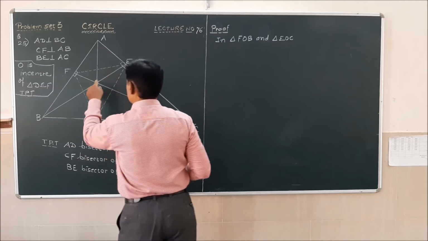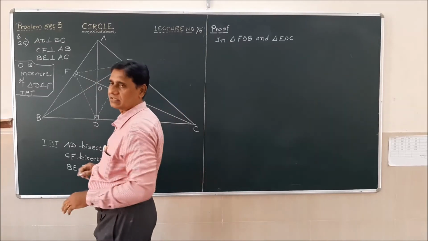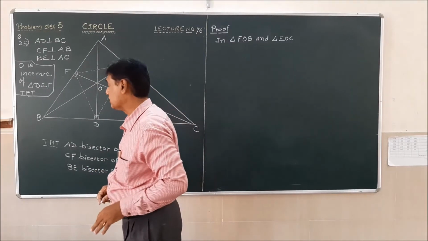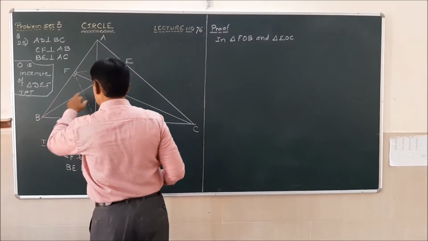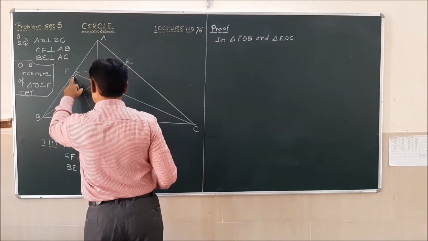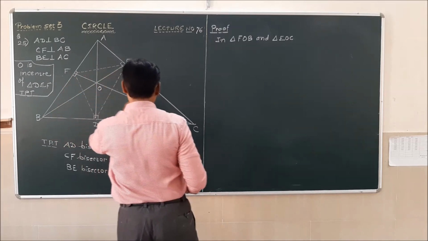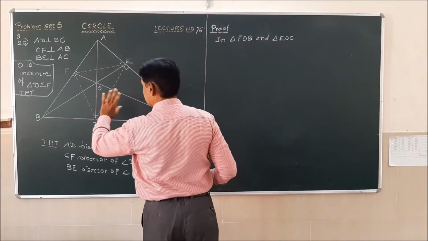These two triangles are very, very important right now. You will find in triangle FOB, angle F is 90. In triangle EOC, angle E is 90.